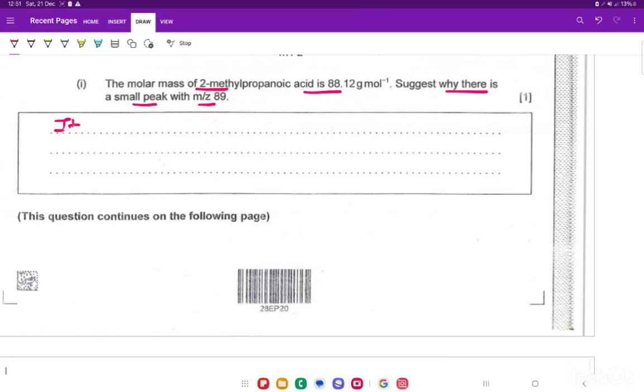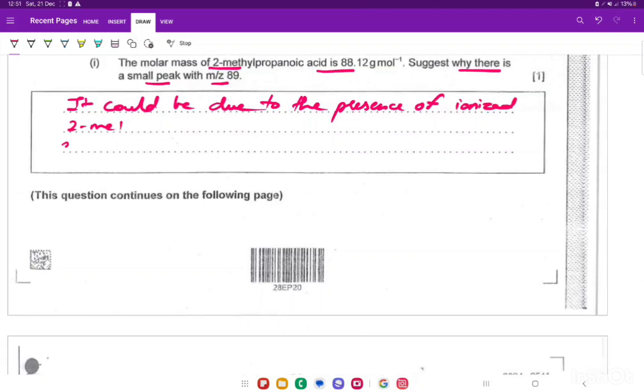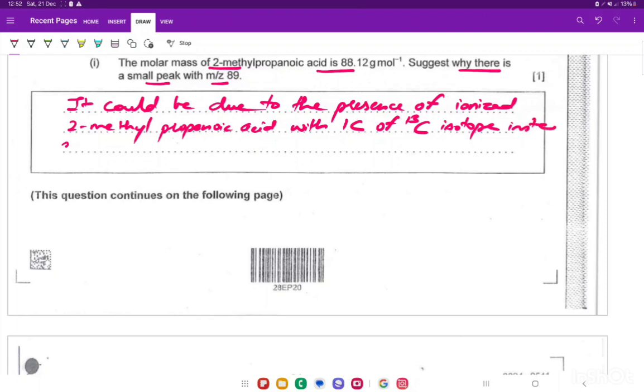My answer should be: it could be due to the presence of ionized 2-methyl propanoic acid with one carbon of carbon-13 isotope instead of carbon-12.